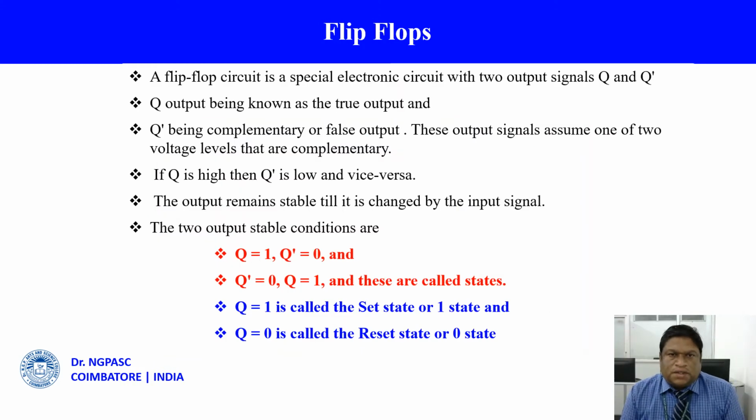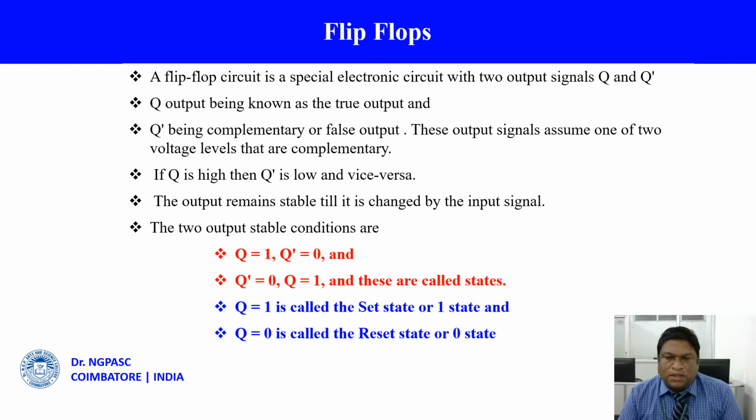The flip-flop circuit is a special electronic circuit with two output signals, Q and Q dash, or simply Q bar or Q dash, both are the same. The Q output is known as the true output and the Q bar is the complementary or false output.